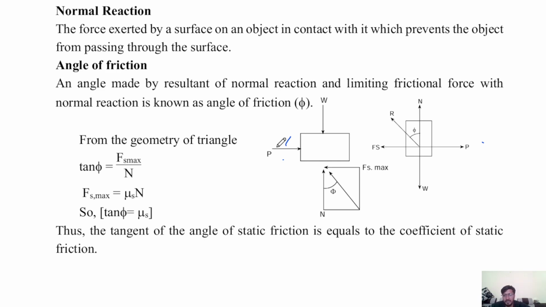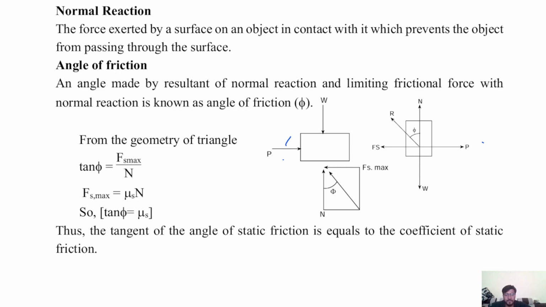Phi is the angle between the normal reaction and the resultant force. This resultant comes from the normal reaction and the limiting frictional force. The angle made by the resultant of normal reaction and limiting frictional force with the normal reaction is known as the angle of friction.